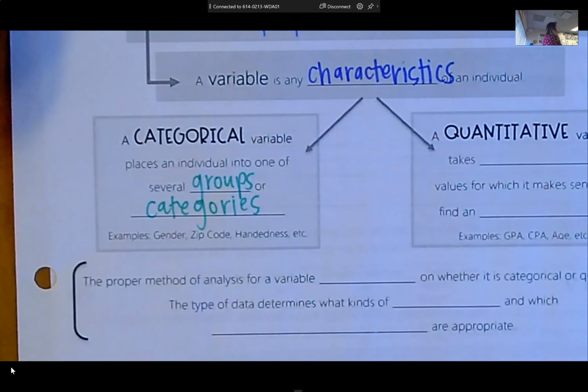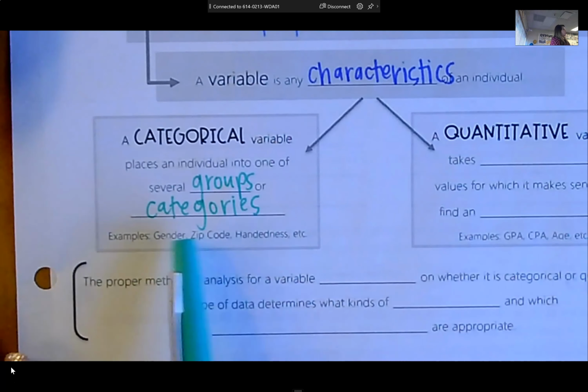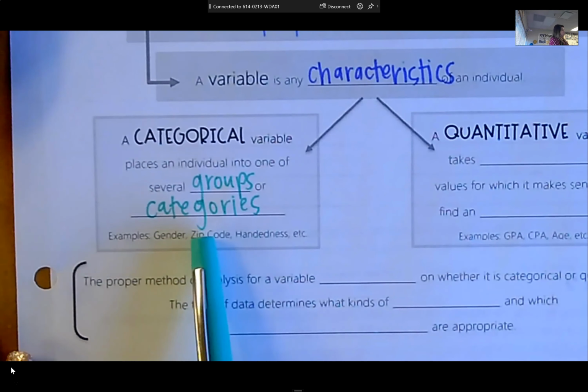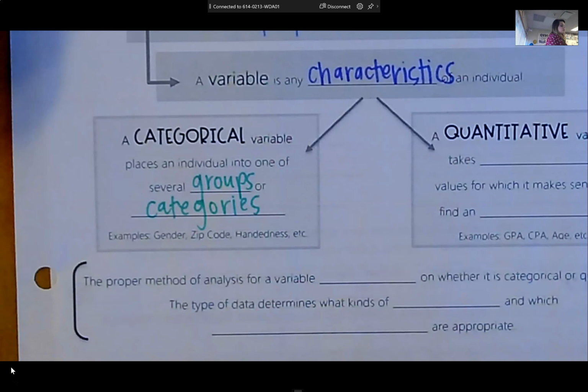You were placed into a group whether or not you had missing assignments or did not have missing assignments. Other examples are gender, zip code, handedness, etc. One thing to notice about all of these is that those are words.